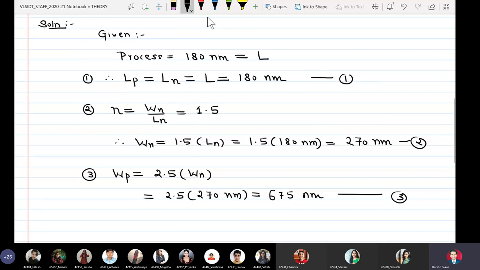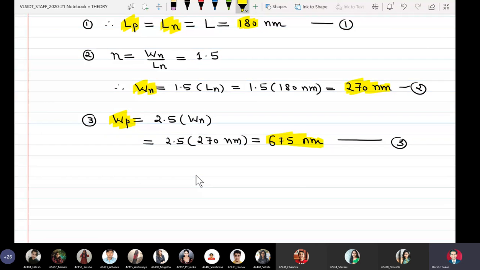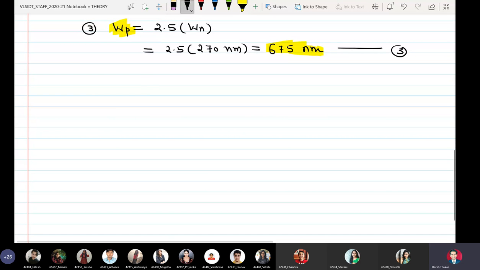So we have found Wn as 270 nanometers, Wp as 675 nanometers. So now as a solution we can draw the CMOS inverter, write the dimensions.